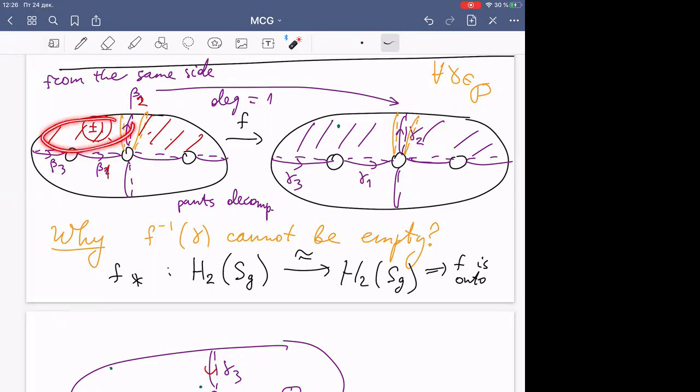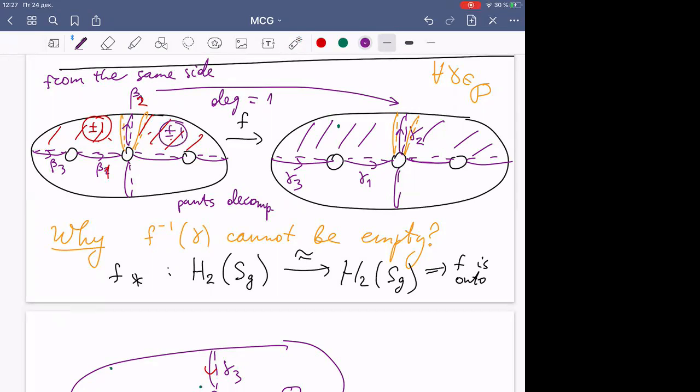So if this one is adjacent to beta 2 from the left and this one is adjacent to gamma 2 from the left, then for these two, both will be from the right. And if these are adjacent to beta 2 and gamma 2 from opposite sides, then here also both will be from opposite sides. So up to signs here and here are the same.